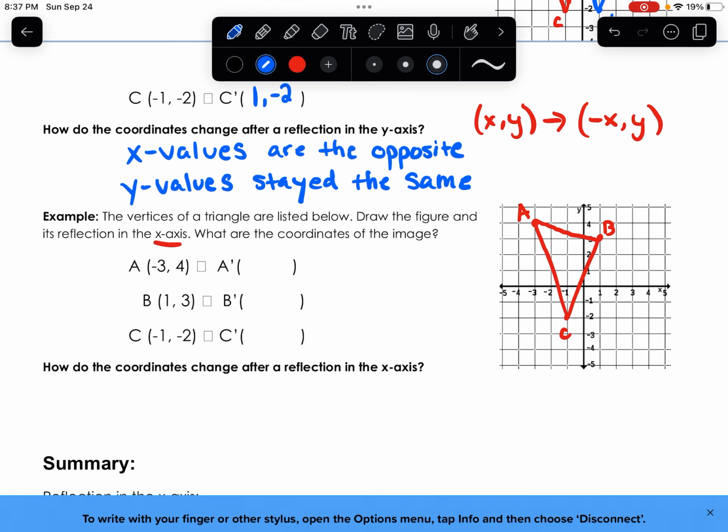So if we reflect across x, well, C is 2 points below, so it needs to go 2 points above. B is 3 points above, so it needs to go 3 points below. And A is 4 points above, so it needs to go 4 points below.